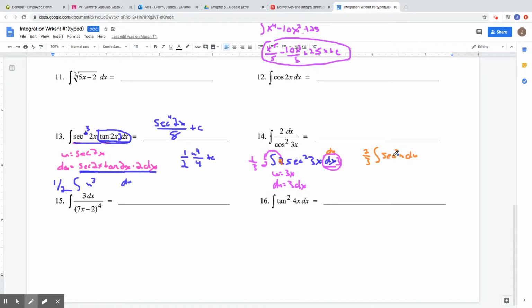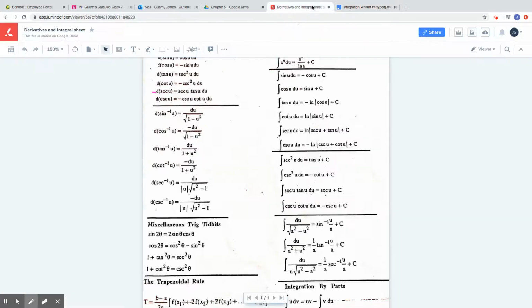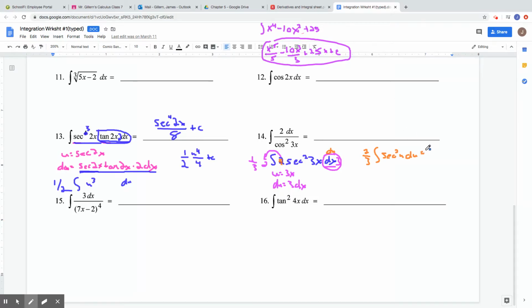Hopefully everyone should know what the integral of secant squared u du is. And if you forget, you look over here. Where's integral secant squared u? Oh, there it is. All right, secant squared u du is tangent u plus c. So it's 2/3 tangent u plus c.